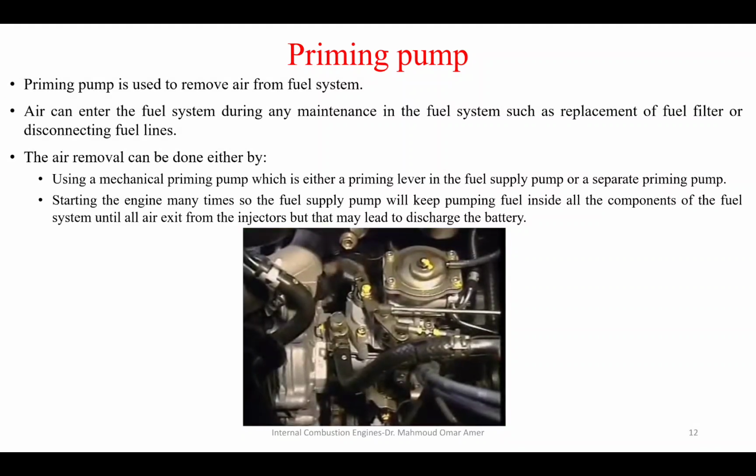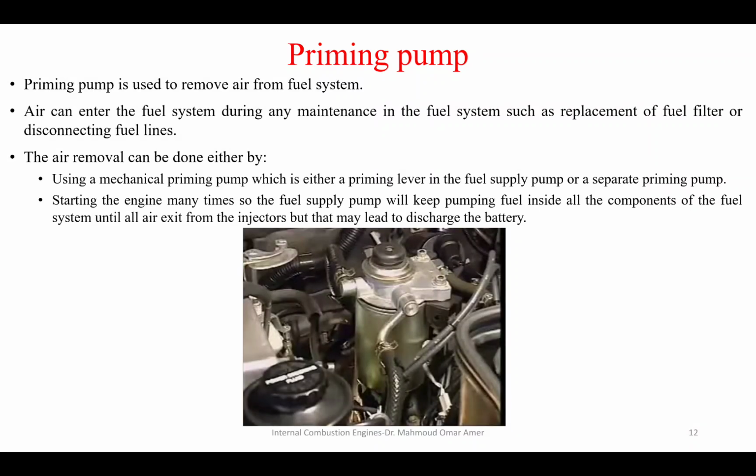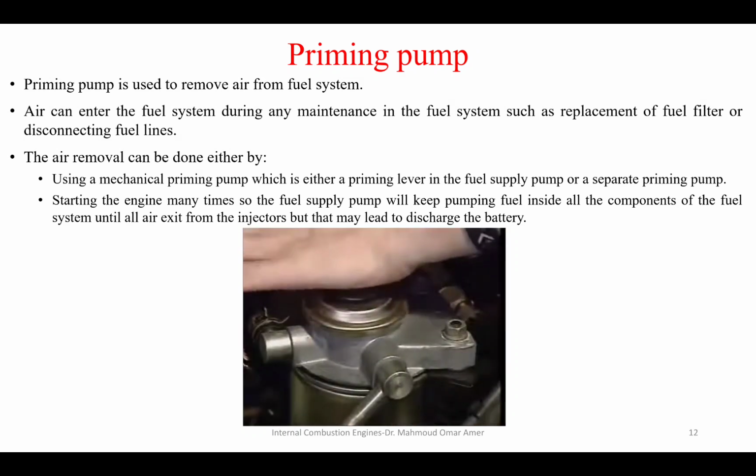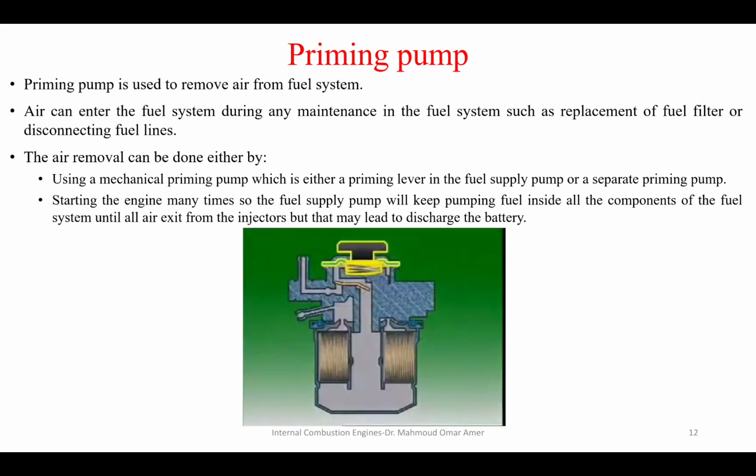Since distributor type injection pumps use an internal vane pump, their fuel supply system incorporates a diaphragm type priming pump, usually located on top of the fuel filter. This filter housing includes a diaphragm type priming pump. The diaphragm is connected to an actuating button and is held in its uppermost position by a diaphragm spring.